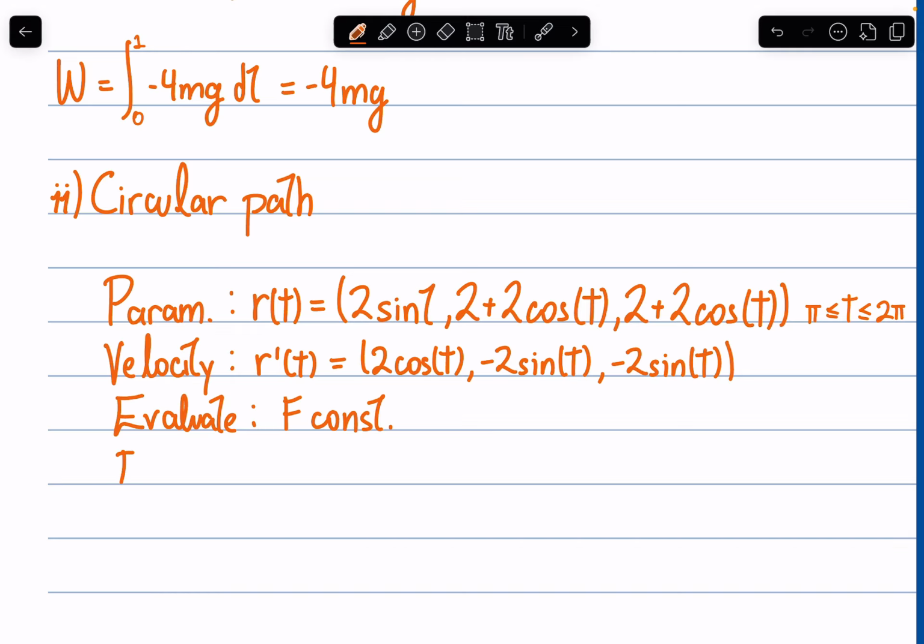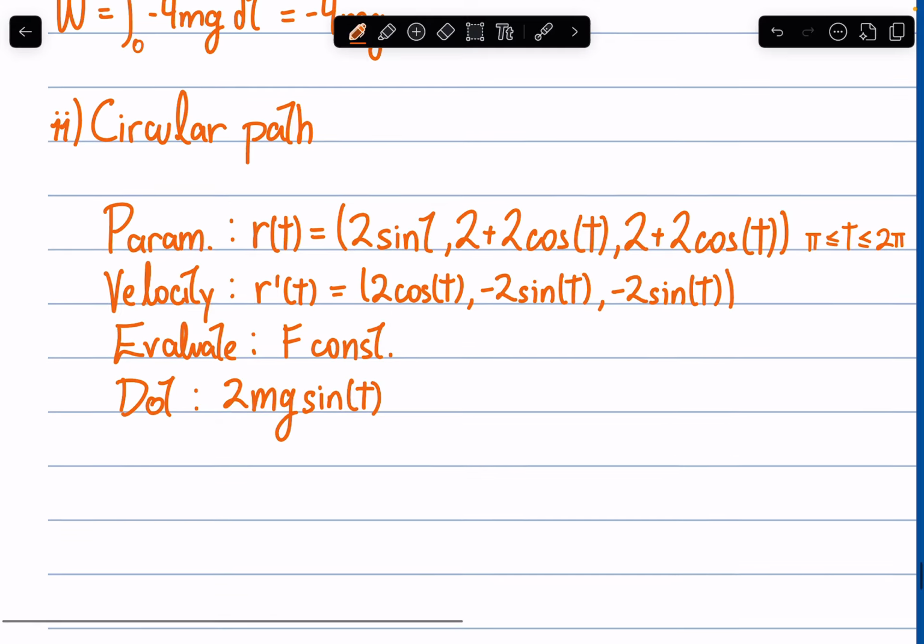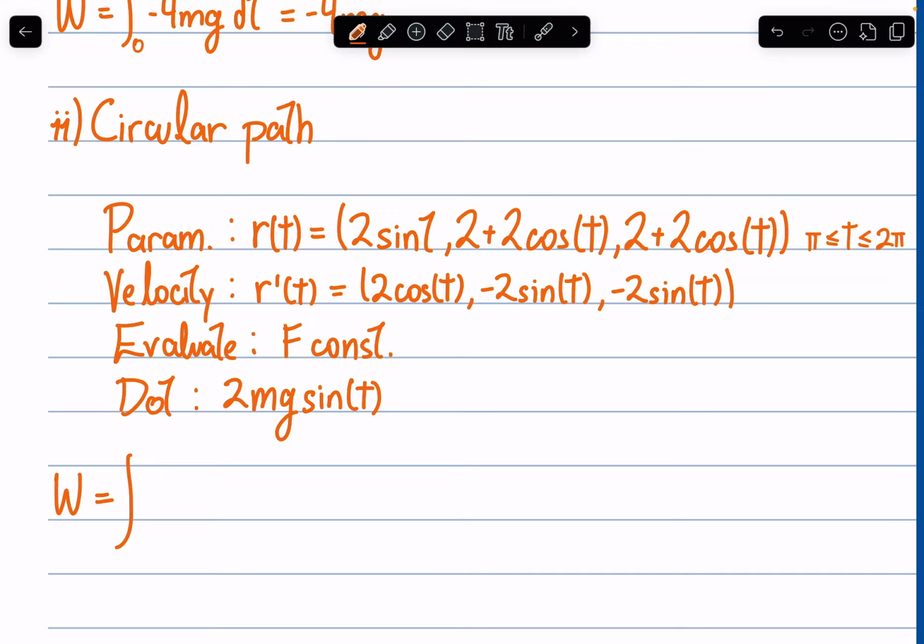The dot product of F and the velocity vector is 2mg times the sine of t, because the negative cancels with the negative from the negative mg. It happens that when you integrate this function, we get the same result as we got before.